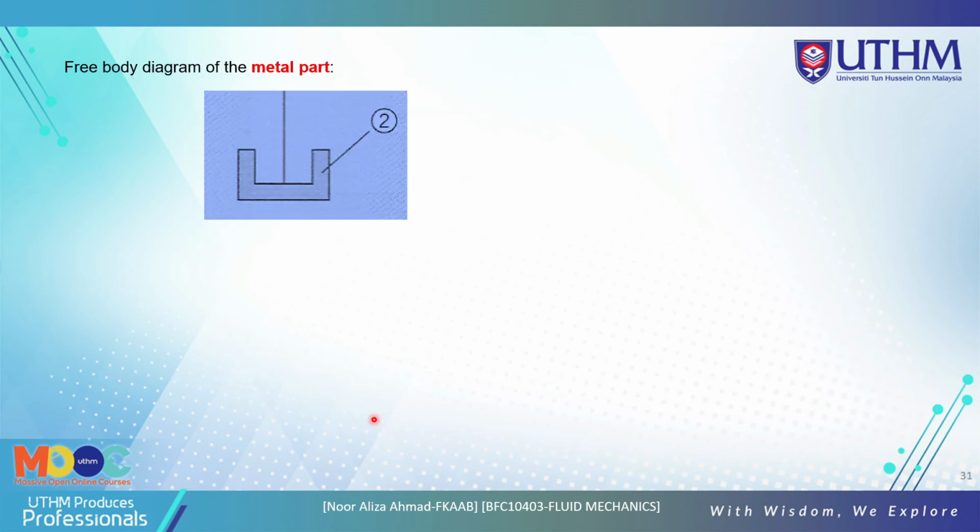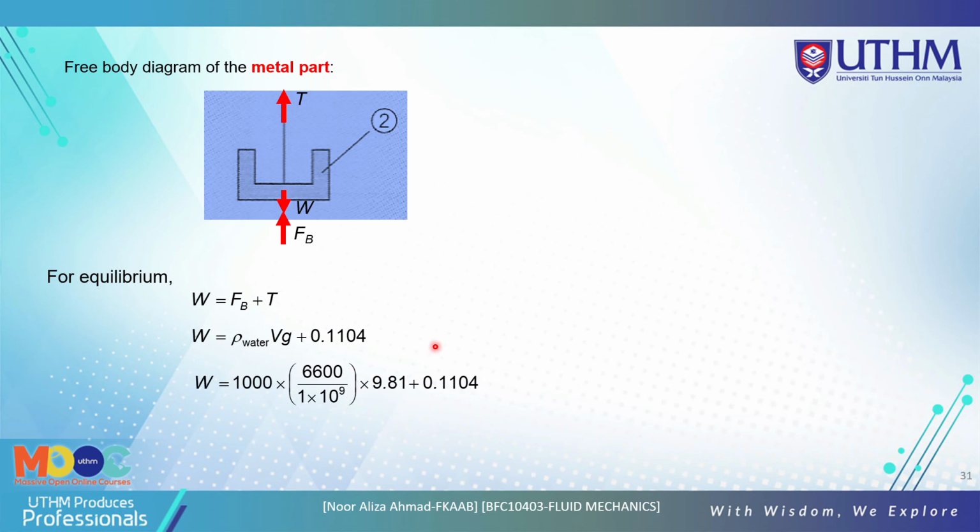Now we look at the metal part, which is object 2. There is the weight W of this metal part, and they must have FB, because this is immersed in the water, and also the T. For equilibrium, W is equal to FB plus T. We put in the equation and the values and we get the W of the metal part.